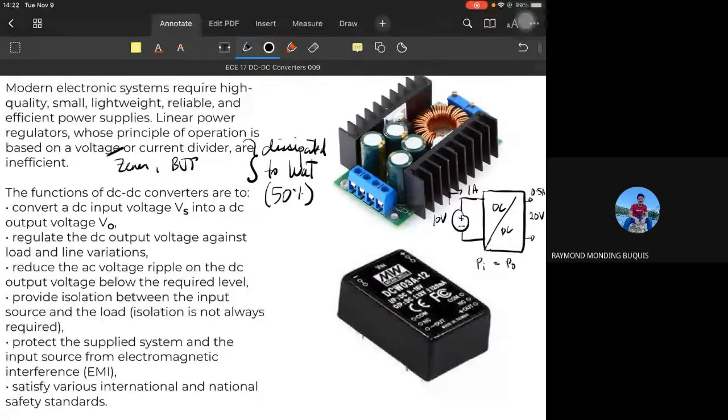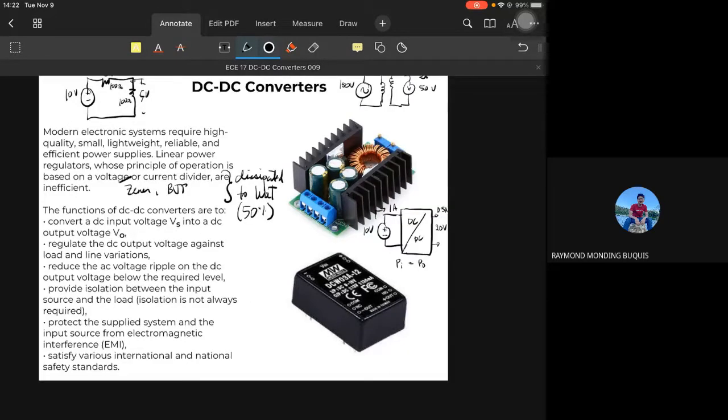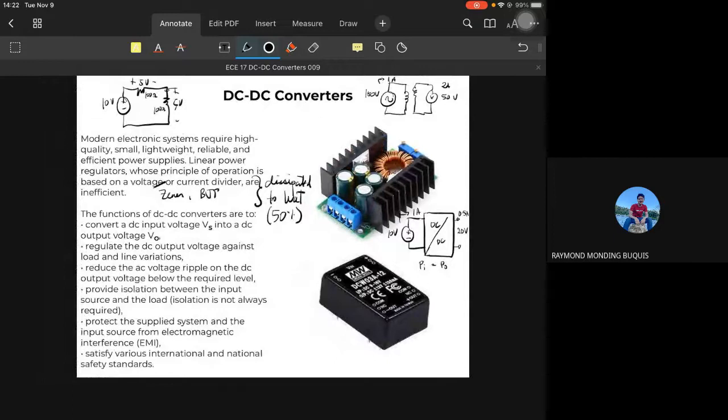Another way is an op-amp. It can also be performed using an op-amp, but op-amps may not be feasible for high-power applications. Protect the supplied system and the input source from EMI, electromagnetic interference. I think the two go hand in hand: isolate, you need to isolate to protect from EMI. And satisfy various international and national safety standards. So it provides an added safety measure. We put an intermediary DC to DC converter.